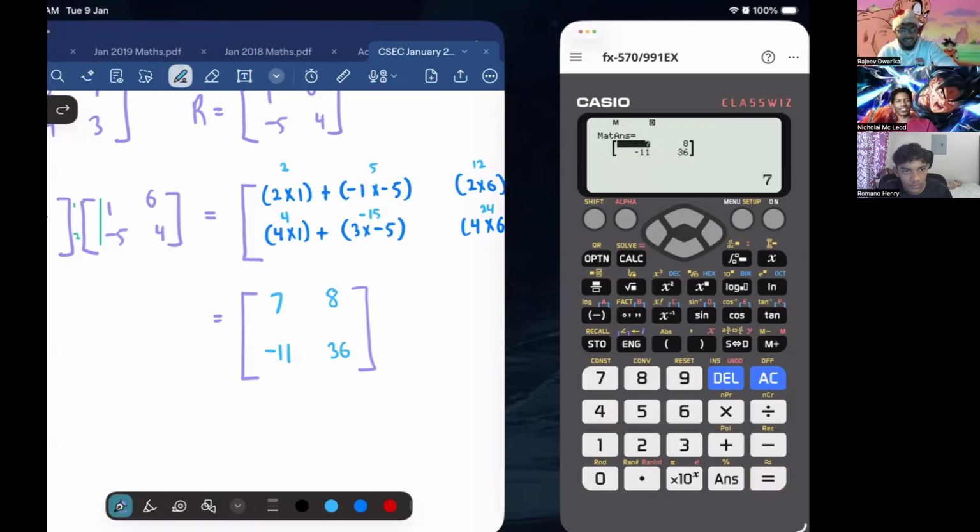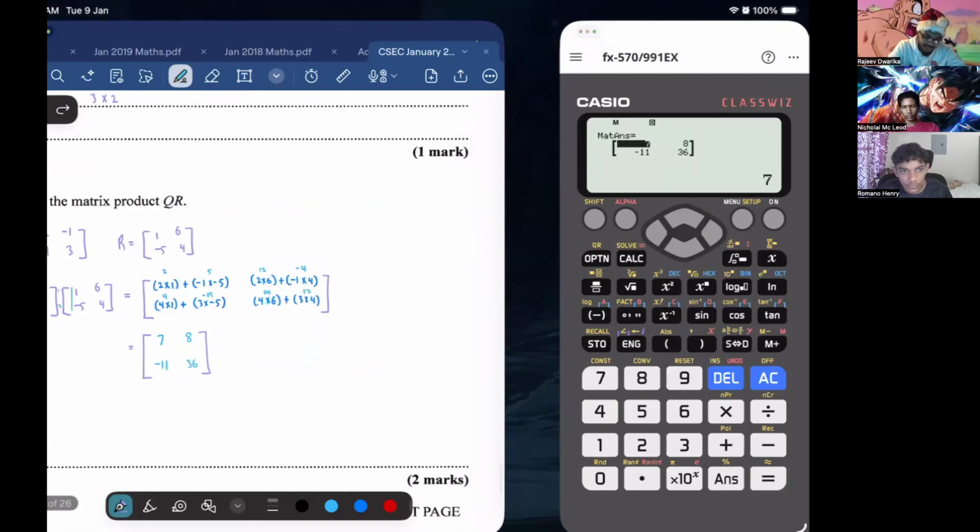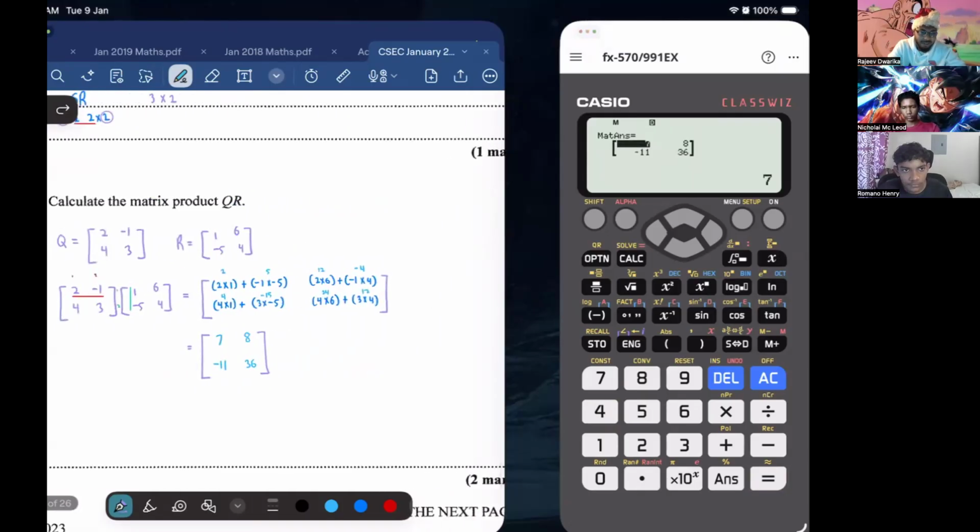Right. So if in the exam the time is running out and you want to get at least 1 mark, do that and write the answer. You'll get 1 mark. So we okay with that?